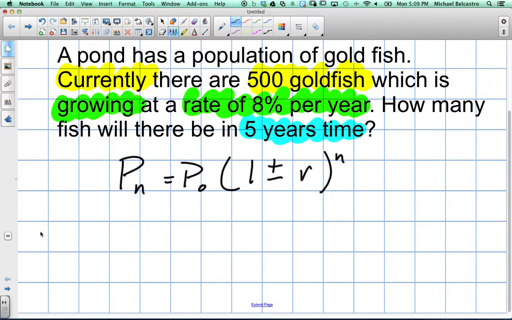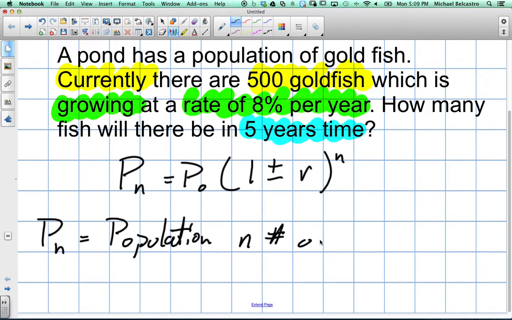So the Pn stands for your population after n number of years. That's the future amount. So in this question, that's 5 years, so they would ask you for P at 5.